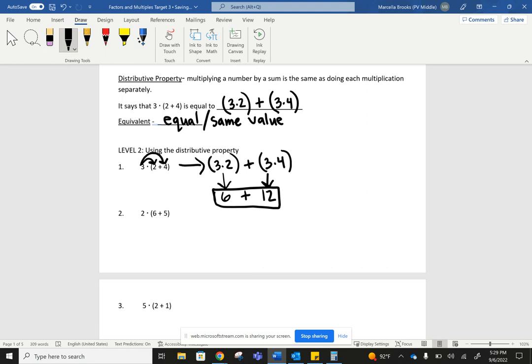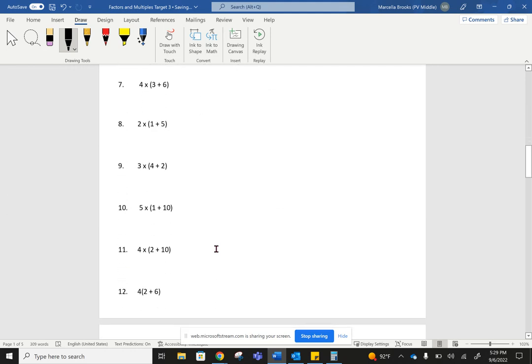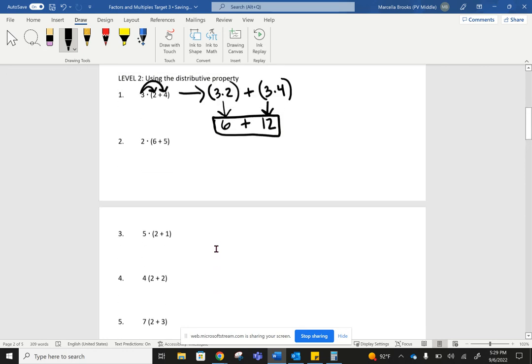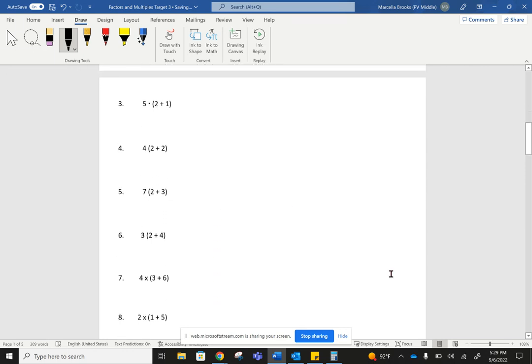Okay, I'm going to do one of each kind. I'm using the dot operator for multiplication up here. So let's do number 5. Look, there's no operation between that 7 and the parentheses. What does that mean? That means just multiplication.